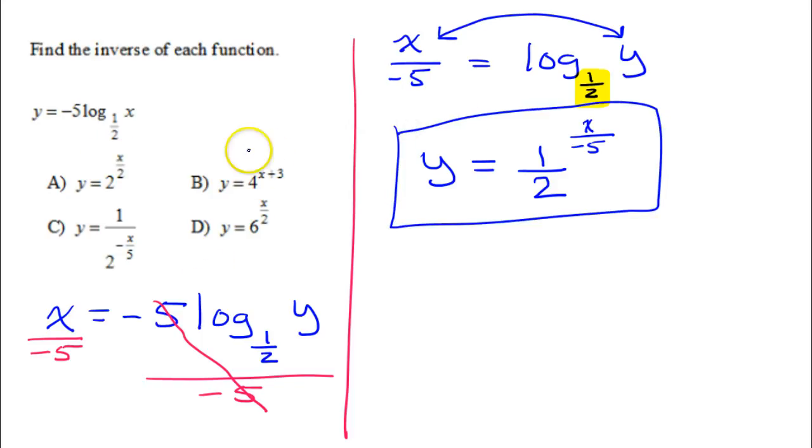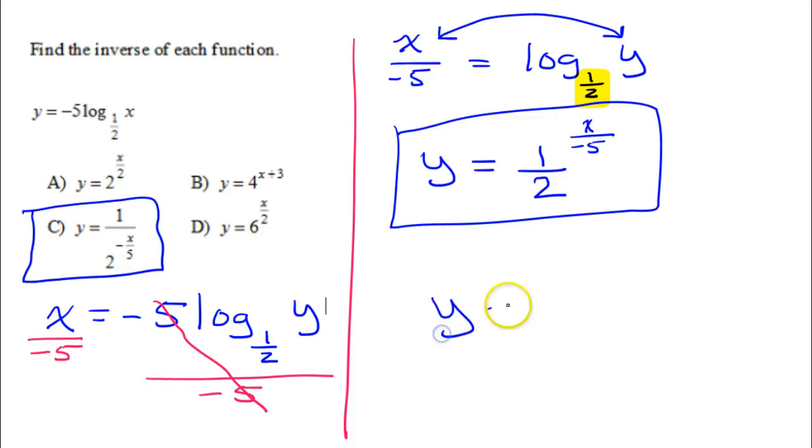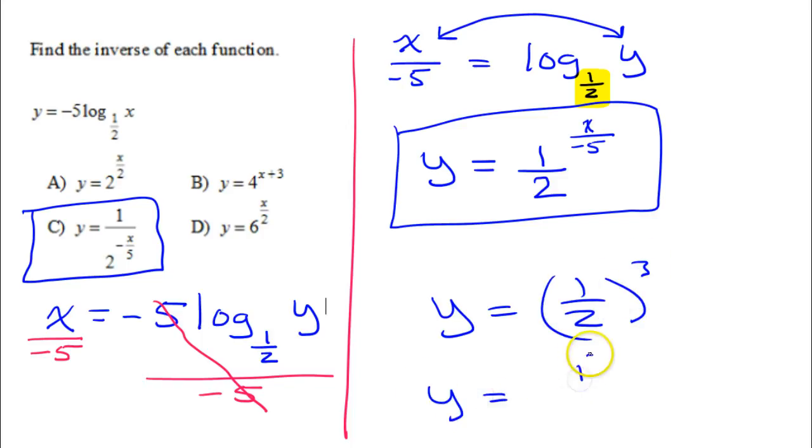Now I'm looking at these, and none of these look identical to this, but let me see if I can get you to see why C is really the same thing. Say if I had y equals 1/2 to the third power. This would be the same thing as 1 to the third power over 2 to the third power. But what's 1 to the third power? Well, 1 to the third power is still just 1.